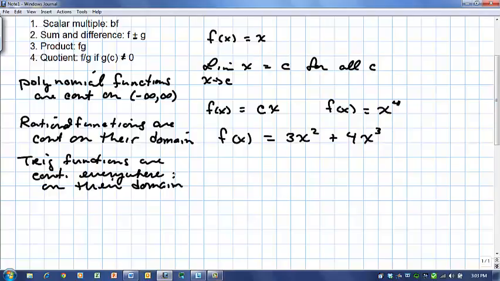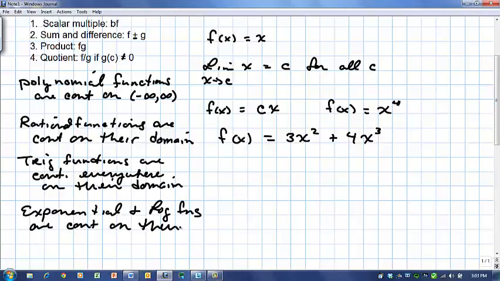Okay, and furthermore, we also know that exponential and logarithmic functions are continuous on their domains as well, because our definition of the limit of an exponential or a logarithmic function is equal to the value of the function everywhere on its domain.